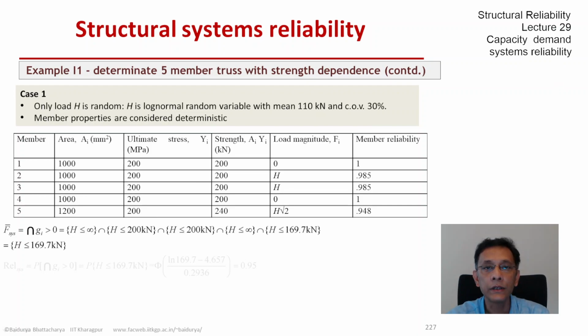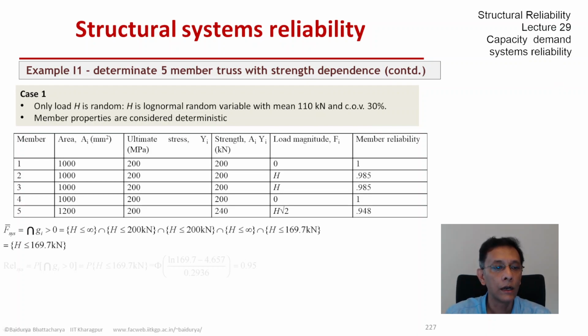And now, since we are looking at the intersection of these events for the system safe performance, the intersection is H less than 169.7. So it in effect becomes a single element problem once we take into account the repeated appearance of H in all these limit states.